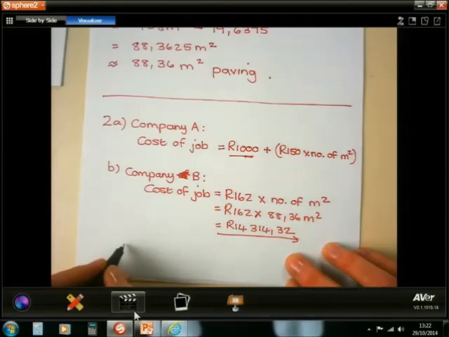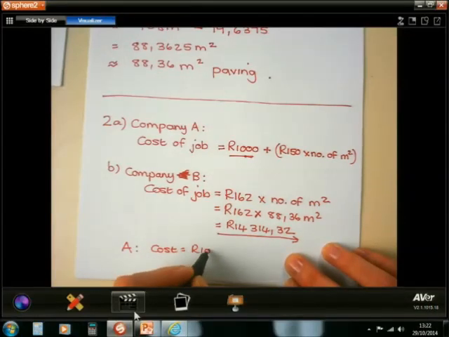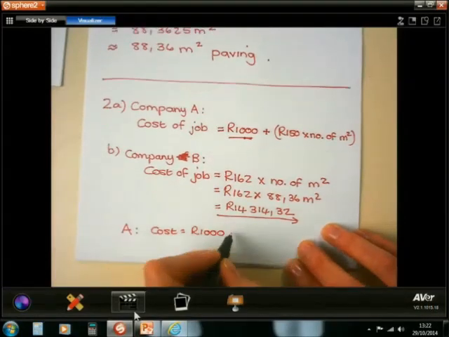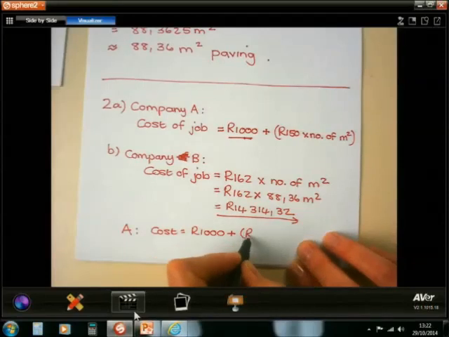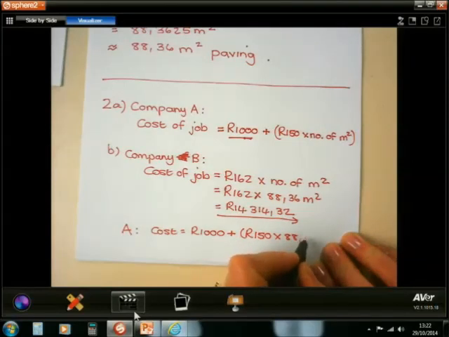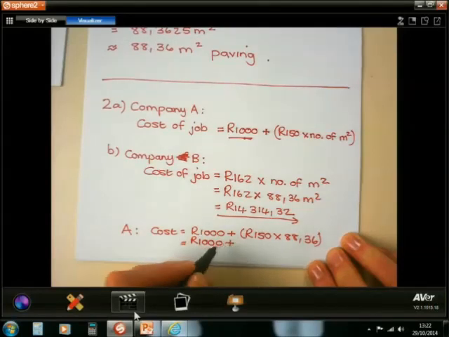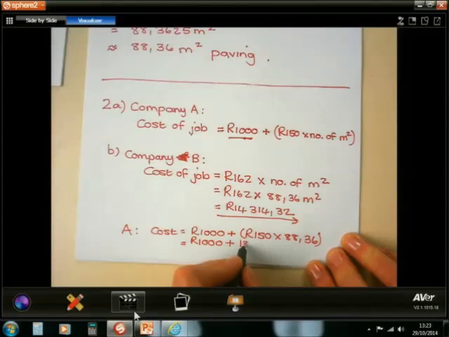So Company A, the cost equals 1,000 Rand plus, now it's 150 Rand times the number of square meters, which is still 88,36. We get 1,000 Rand plus, if we multiply these two together, we're going to get 13,254 Rand.